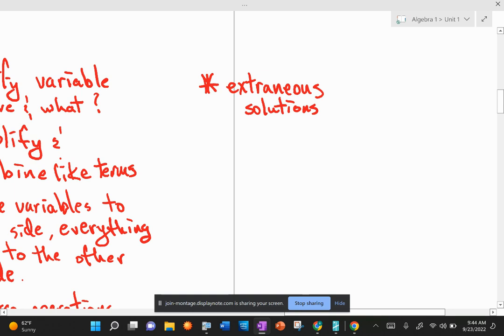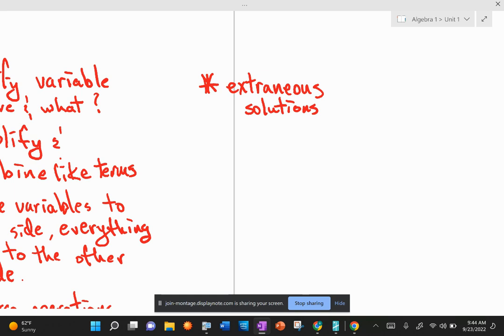So extraneous solutions. In algebra, you will get solutions that don't work. What that means is you have special circumstances or special cases. There will be 2 special cases. When we're solving for a variable, we are solving for a number, right? We are hoping that x equals 2 or x equals negative half or something like that. But there are 2 instances where you won't get a number.